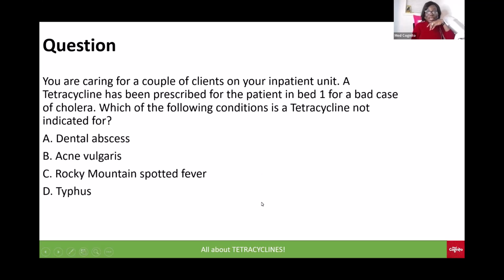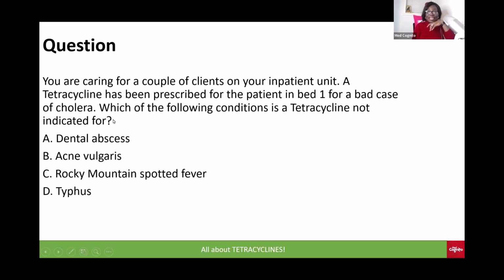Who's going to help us do the reading one more time? Which of the following conditions is tetracycline not indicated for? So the answers are coming in already. A. That is great.